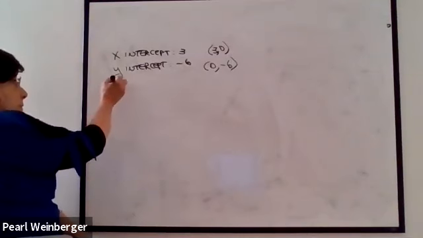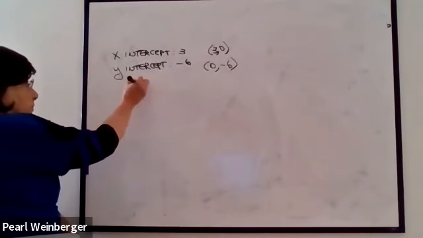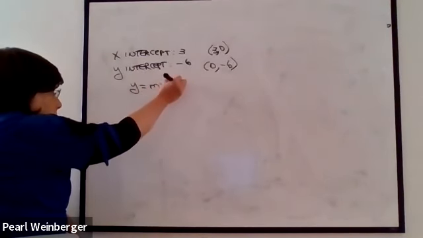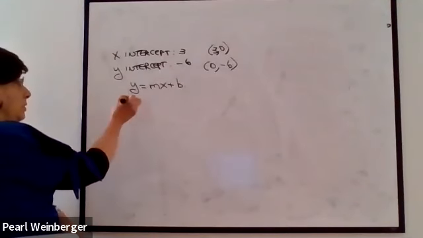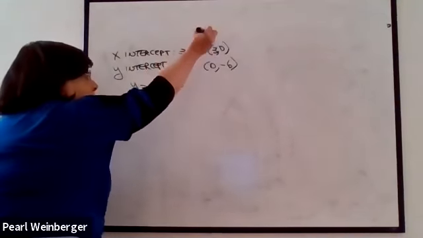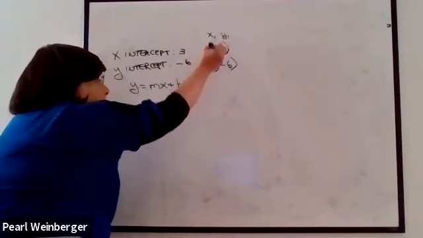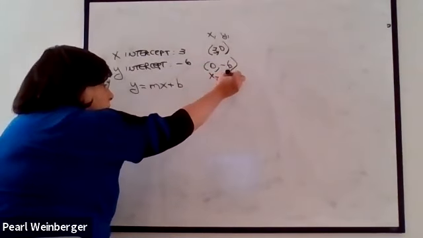Again, whenever we are asked to write the equation of the line, we want to go to y equals mx plus b. And we want to figure out what the slope is first. So since we have 2 points, let's call this our x1, y1. Let's call this our x2, y2.